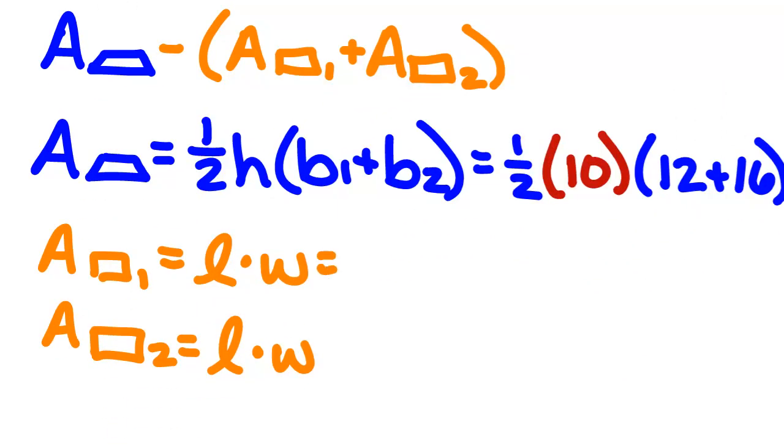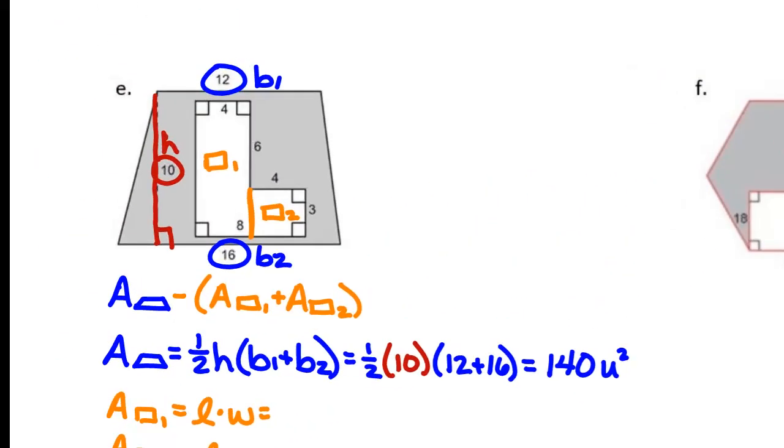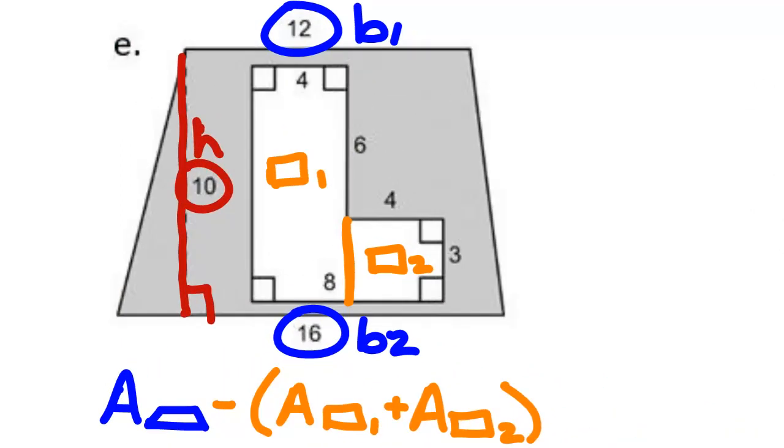I need length times width for both of them, so let's look at rectangle 1. What is my length and what is my width on rectangle 1? This guy right here. There. 9 and 4. How did we get 9? Yep.